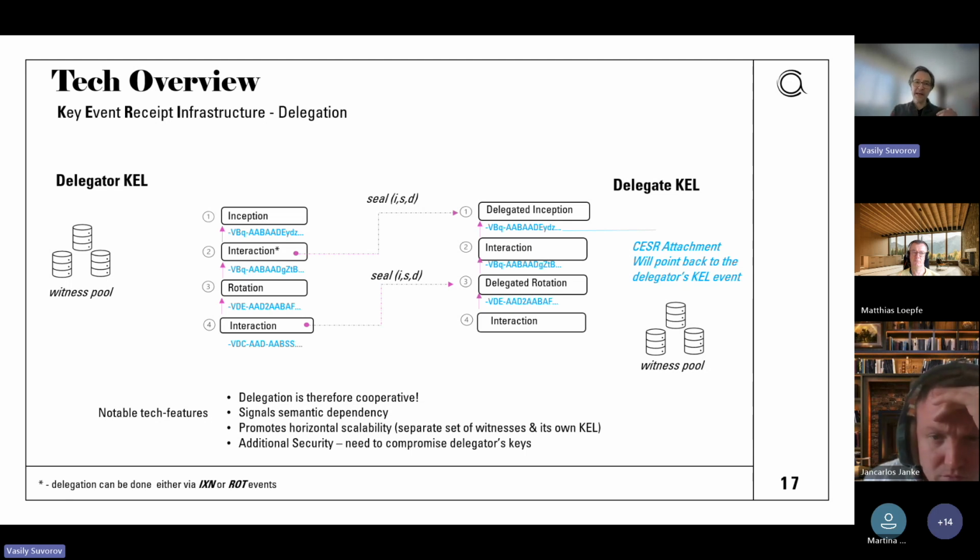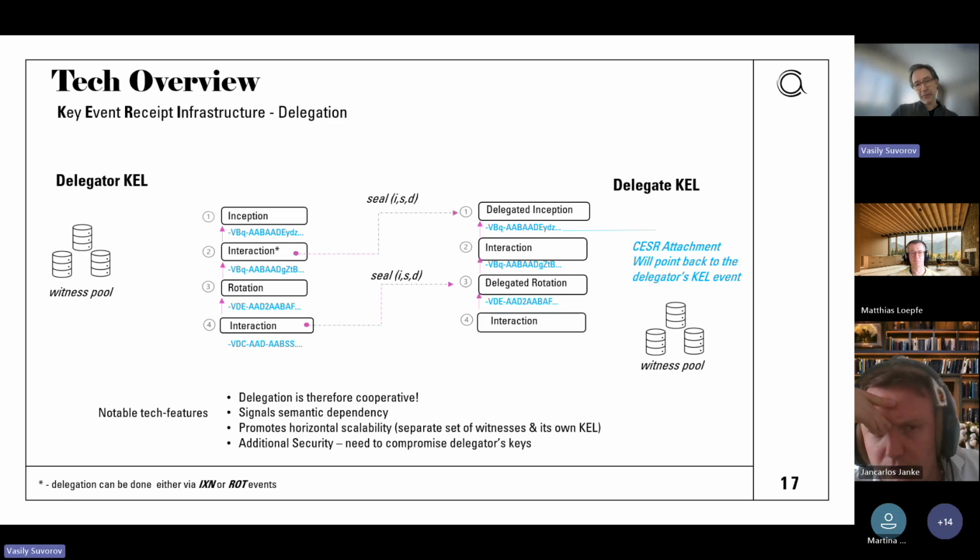So that means it's both a security measure and a semantic relationship, like, okay, this is somebody whom I trust, or used for a certain purpose, like in the case of vLEI issuance. It's very difficult to hack this, because even if I manage to somehow get access to the keys and they haven't noticed it, because remember, they see how the keys are used, you cannot issue a credential without anchoring something.